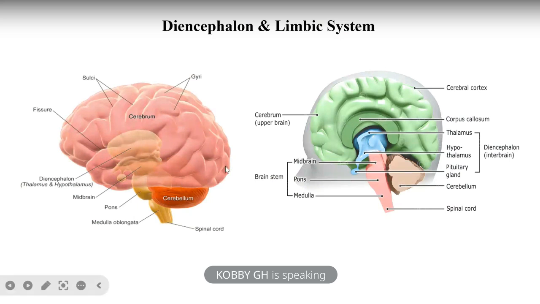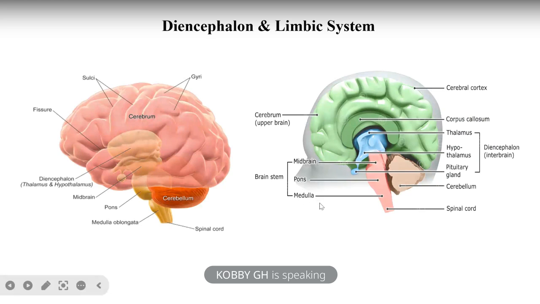The demarcation that I'm going around is the cerebrum, the largest part of the brain. Here is the cerebellum. Then we have the brain stem, which is made up of the midbrain, the pons, and the medulla.